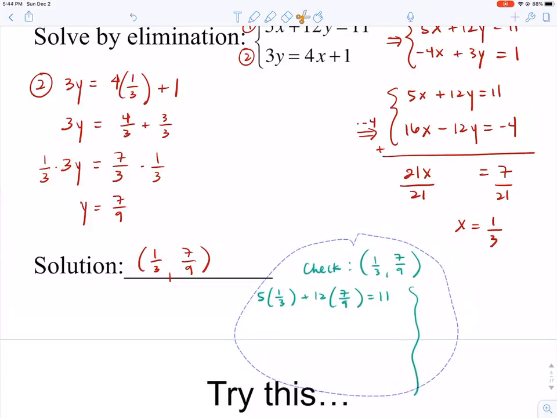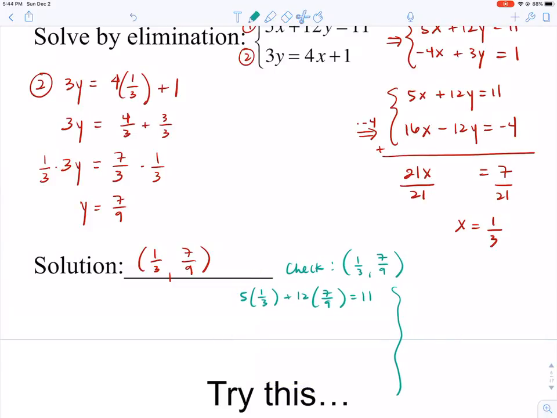Move this over a little bit. So that would be 5/3 plus, so you can think of 12 times 7 divided by 9, or I know that 3 goes into 9 3 times, 3 goes into 12 4 times, so the 3 will divide out. 4 times 7 is 28 thirds. 28 plus 5 is 33.